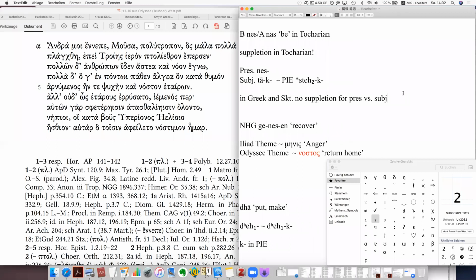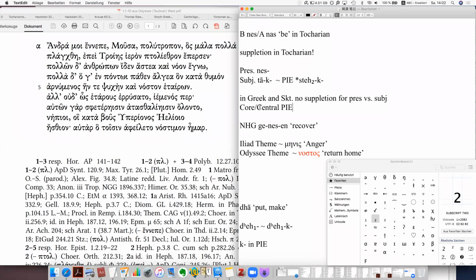So it means that the subjunctive in Tocharian is not the subjunctive we understood for Greek and Sanskrit, or for the core or central PIE.